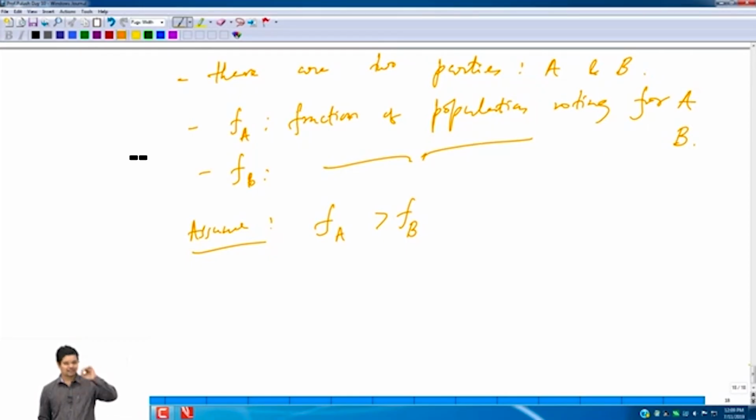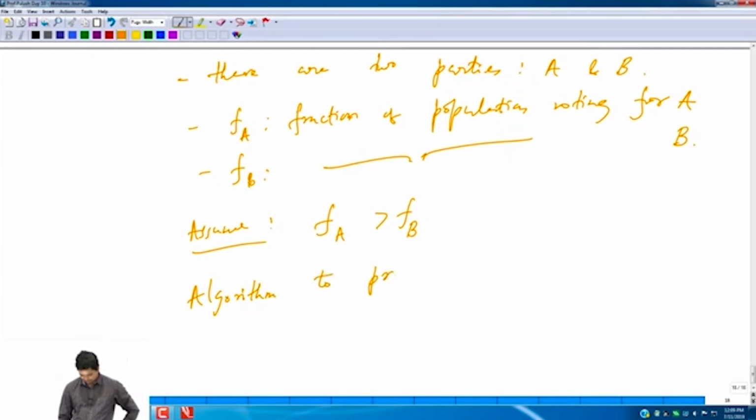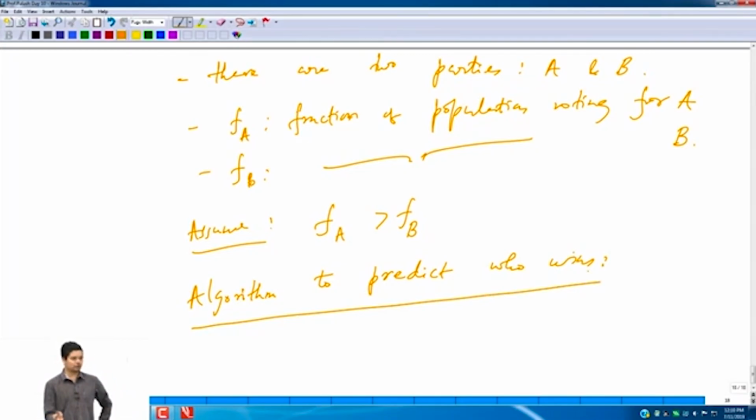Let's draw a few samples. Here is my algorithm to predict who wins. Obviously A wins because we have assumed FA is more than FB, but my question is whether my algorithm will predict correctly or not.